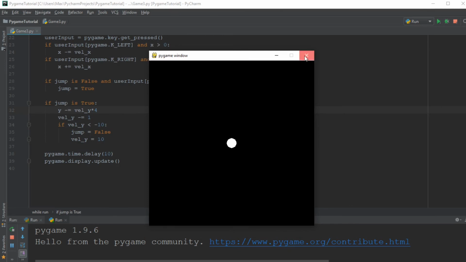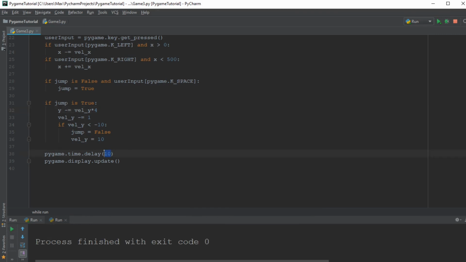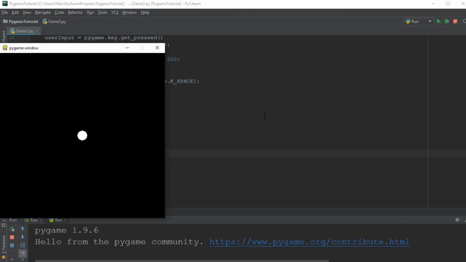So how could we go ahead and slow our jump down? We can slow our jump down by increasing the time delay. So let's go ahead and increase it to, let's say, 30 milliseconds. And now our jump will have slowed down. I hope you can see that.